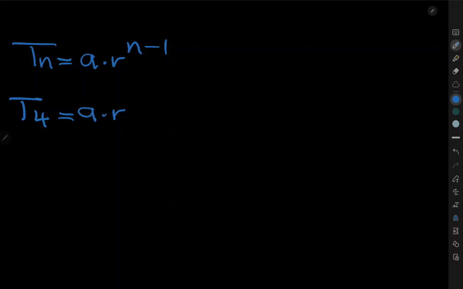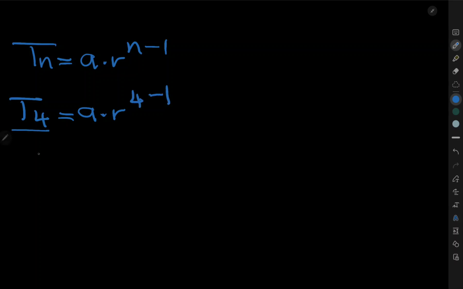We know that the general formula, since it's a geometric pattern, will be T_n equals a times r to the power of n minus 1. We are given the value of t4, so n is 4 minus 1.